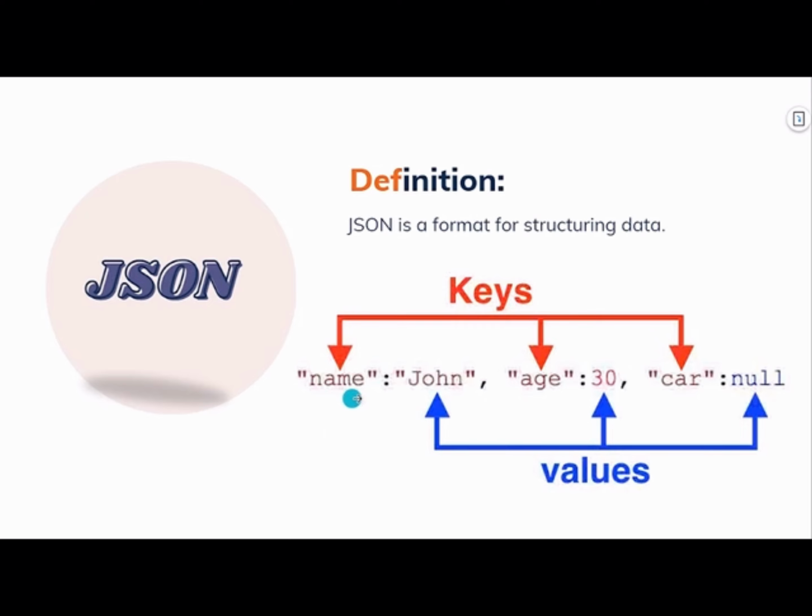If we declare the values with keys, like John is name, you are going to understand that here John is name and 30 is age, right? And car is null, he is not having a car. Okay, so we can understand easily. We are keeping the data, separate data, in a structured form. So we will use JSON to keep data in a structural form.